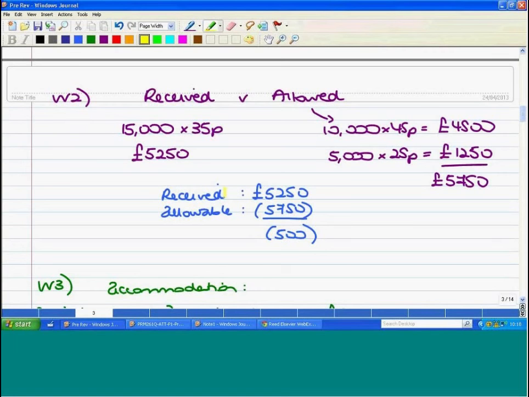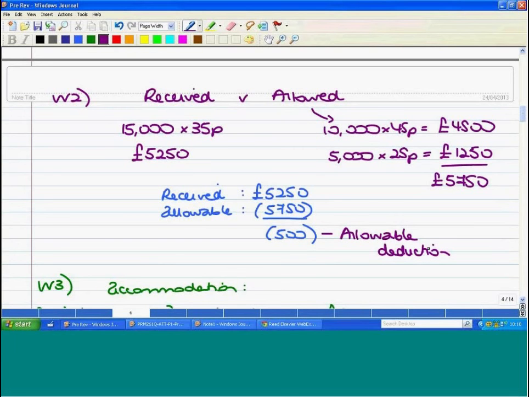Now, he's actually received 5,250. He should have, or he was able to receive up to 5,750. So the difference that we have there is actually an allowable deduction. So this figure here is going to go into our employment income as an allowable deduction.